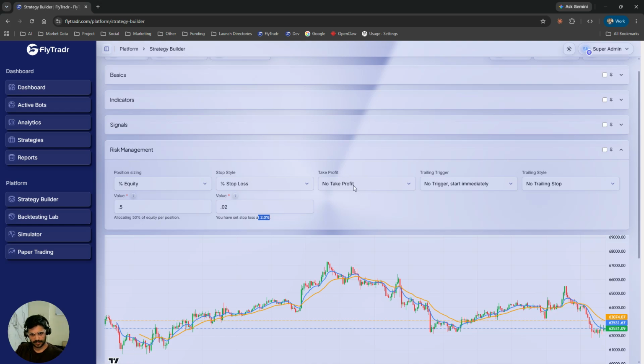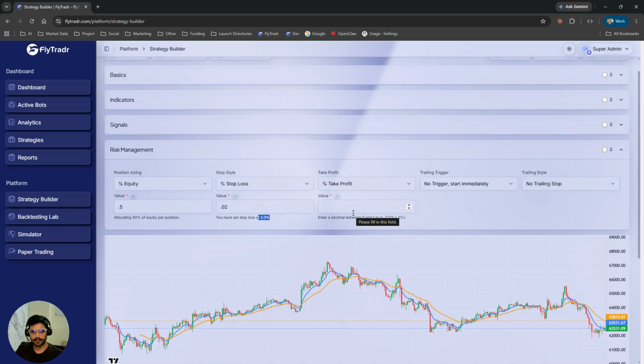And similarly, we will also set a profit level. Although this strategy has an exit condition, that exit condition totally depends on the reversal of the signals, right? Sometimes the strategy can go sideways and not really meet that condition, and you'll be stuck for a long time.